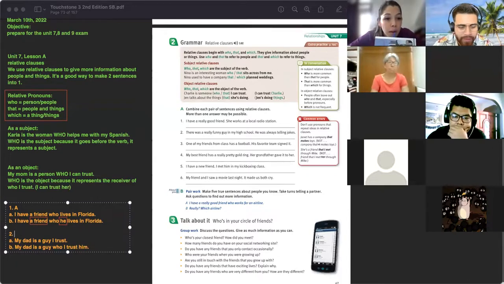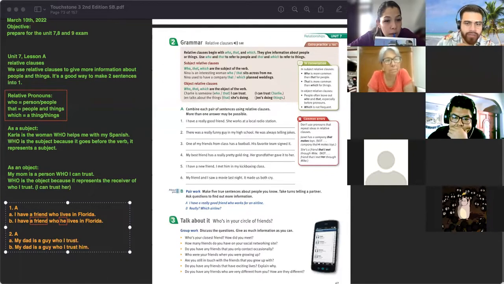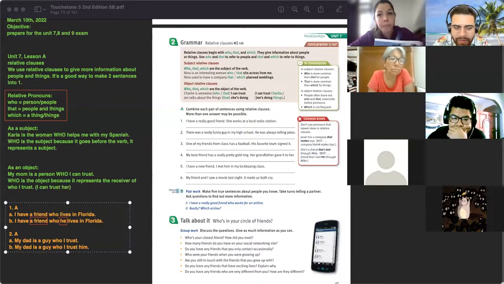Why? Because letter B is repeating the subject, who and I. No, I don't know, well, teacher. Why? Oh, sorry. Here. What about there? Letter A. It's correct, because he's talking about his or her dad already. Yeah. Excellent. Cool.